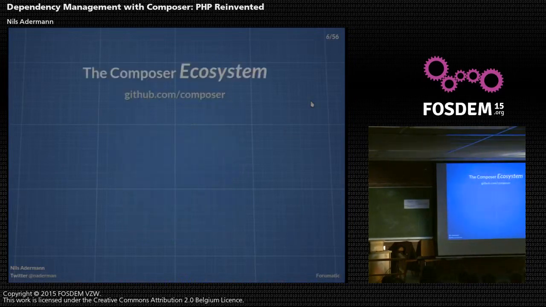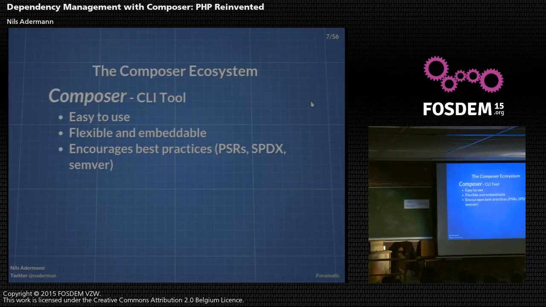Composer consists of a number of different parts. You've all probably used the CLI tool Composer, which is just the thing that you install things with. And the interesting part here is that this is really a very thin CLI client on top of a library. Because as I was pointing out earlier, we actually built this for phpBB to be a plugin system. So most of this functionality can actually be used as a library without having to use the CLI tool.